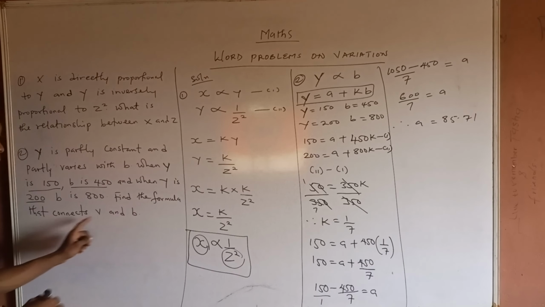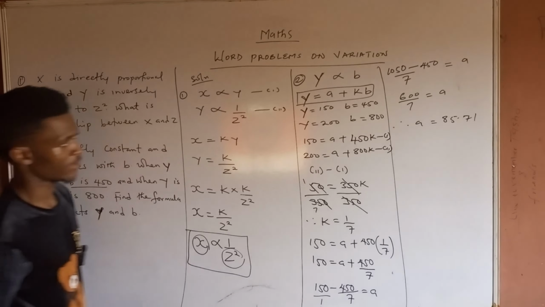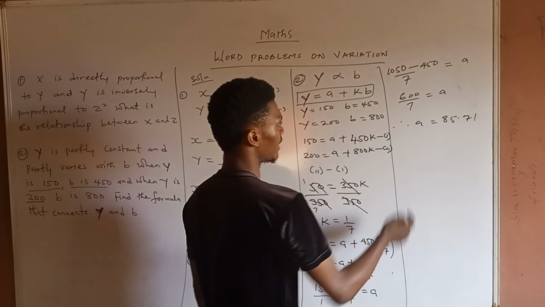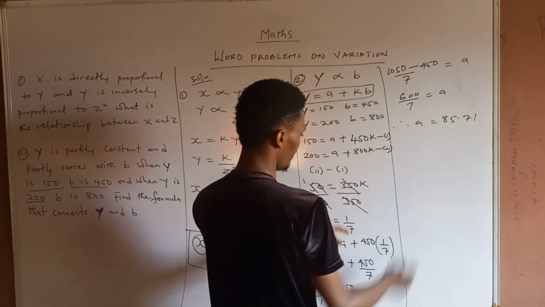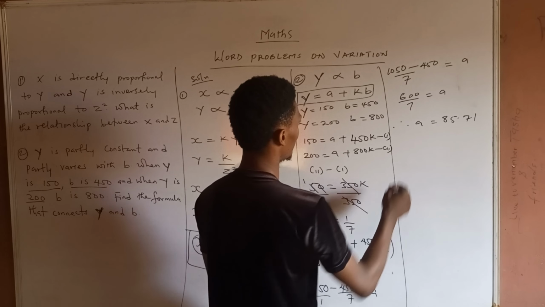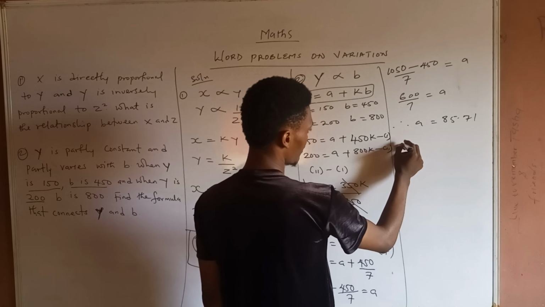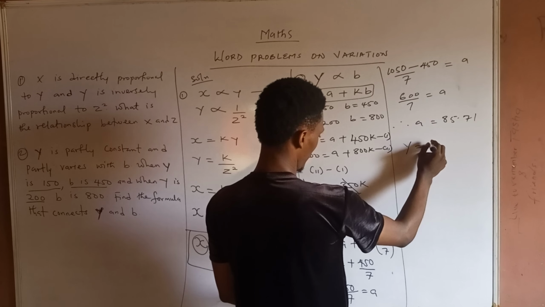So if our a is 85.71 and our k is 1 over 7, then we are told to find the formula that connects v, y rather now, and b. Alright, so from here, it's very clear that we'll just come to this and impute the values of a and k, and that gives us the formula. So this becomes v or y rather equal to, what's our a value now?